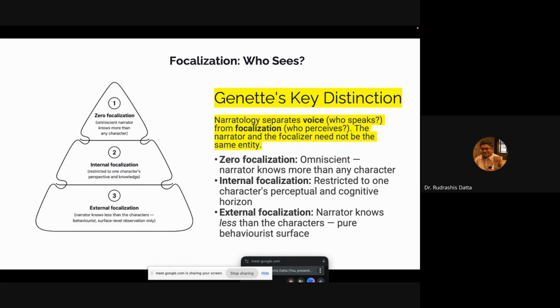The reverse is the internal focalization, means the narrator is restricted to one character and narrates or focuses only on that character's perception and horizon. I'll give you examples. The third is external focalization, means the narrator knows less than the characters. In literature, we get all three of them.